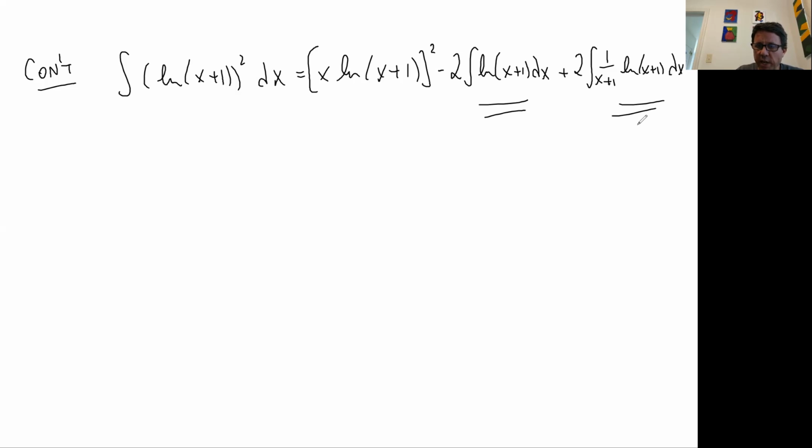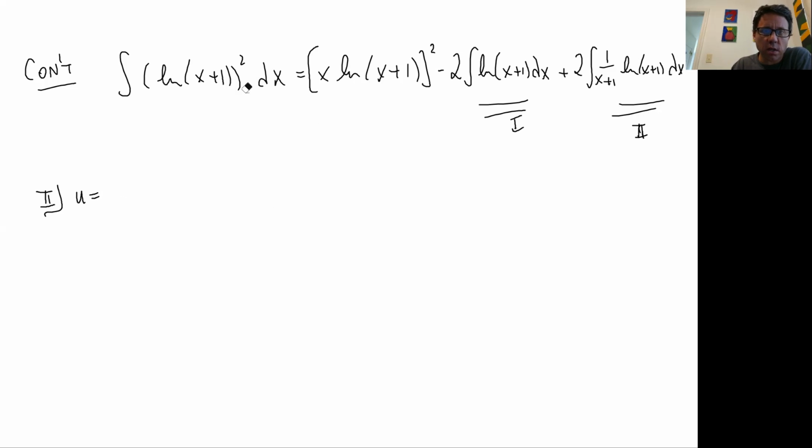So I'm going to do this second one first, and we'll call this one 1 and this one 2. So the answer to 2, I just do u equals x plus 1. No, actually, I've emptied that.